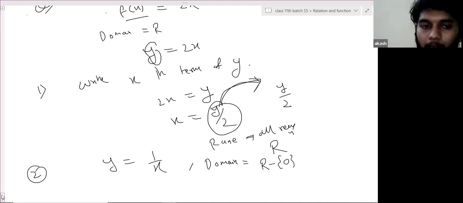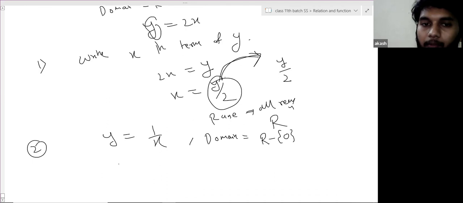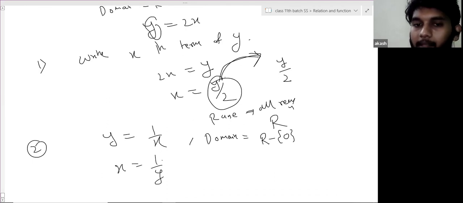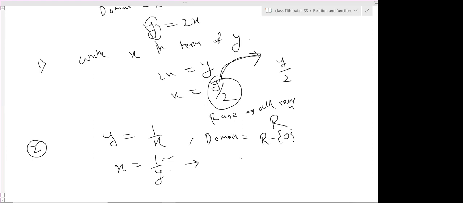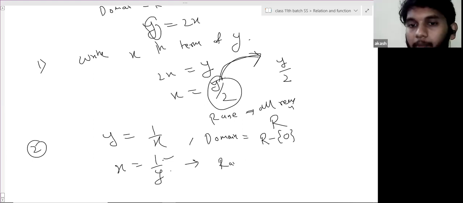Absolutely right. Now, how to find the range? We have to write x in terms of y. Now take this as the function. What is the domain of this function? All real numbers except 0. So the range will be that same set, the domain of this function, not this domain.